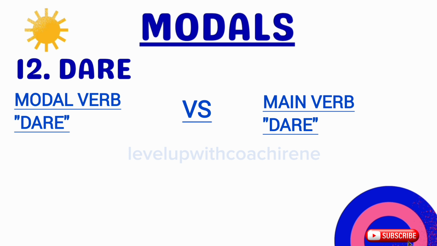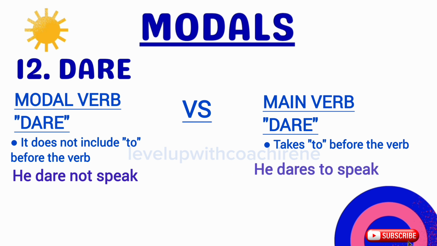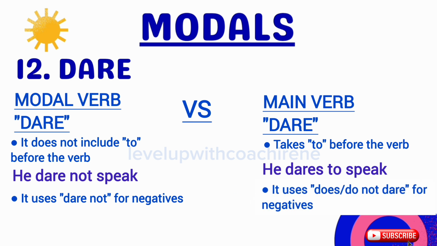The modal verb dare does not include to before the verb. For example, he dare not speak, whilst the main verb dare takes to before the verb. He dares to speak. The modal verb uses dare not for negatives, whilst the main verb uses does not dare or do not dare for negatives.